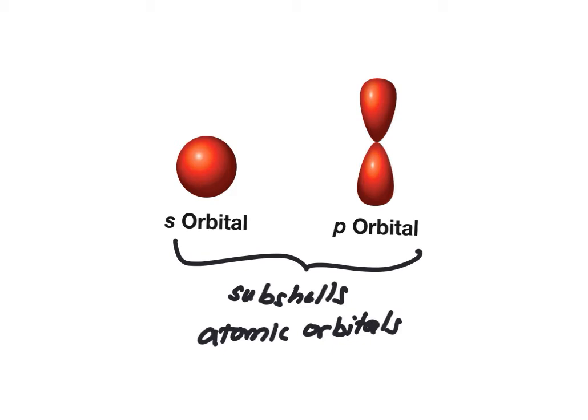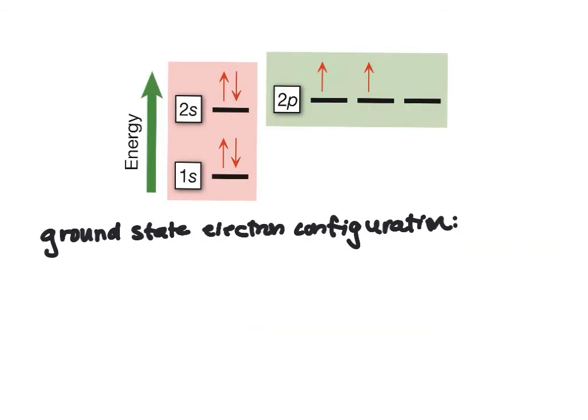There are three p orbitals, which are oriented on the x, y, and z axis, so that we have 2px, 2py, and 2pz. Each atomic orbital can hold 2 electrons. The ground state configuration is the electron configuration of lowest energy. Remember, lowest energy equals the most stable.